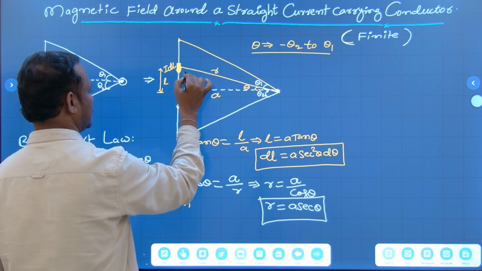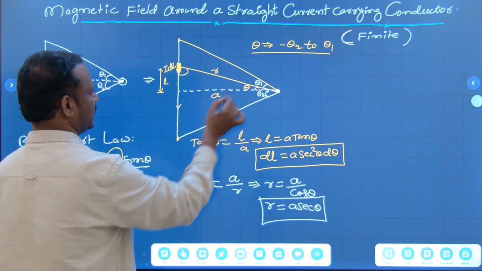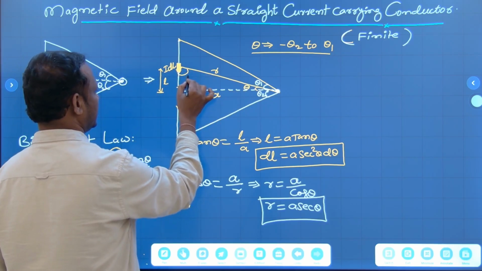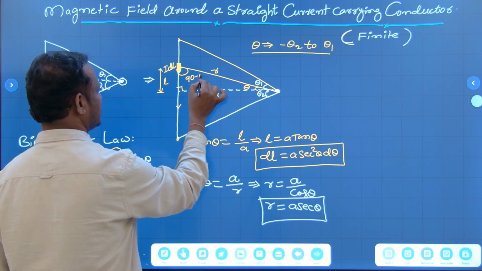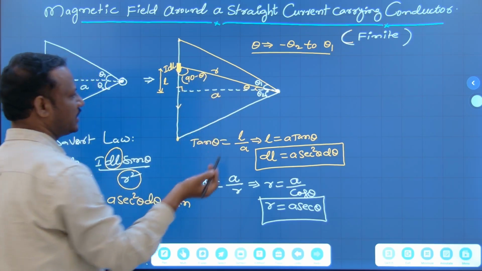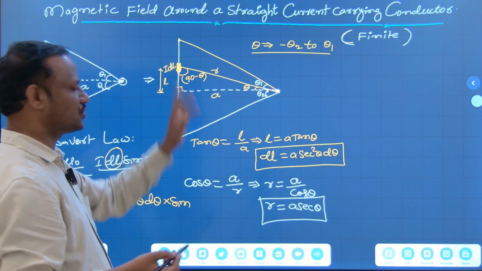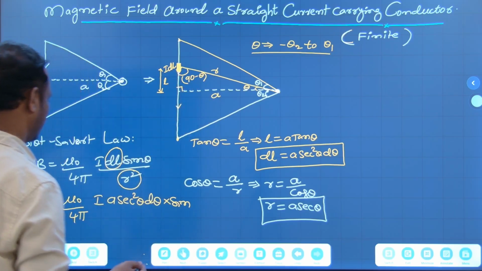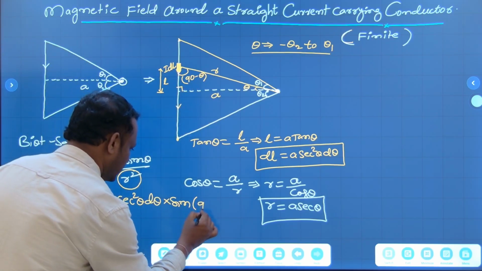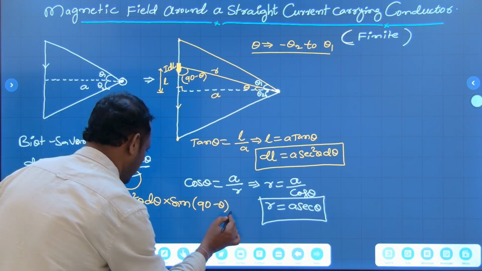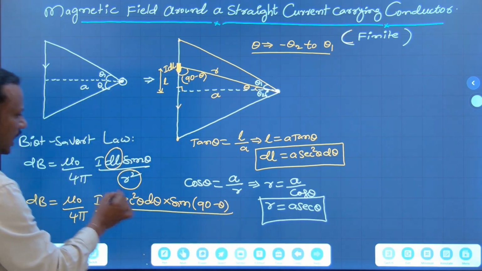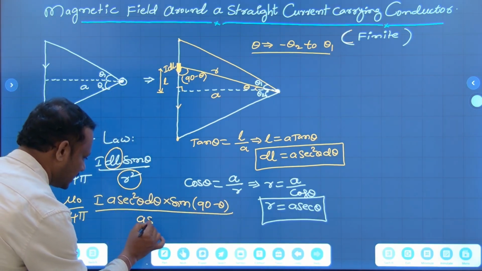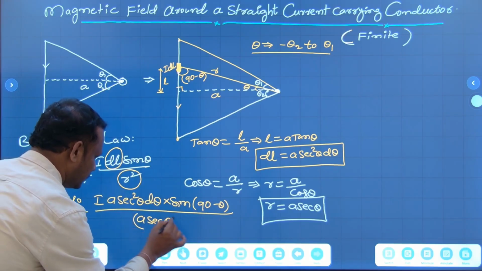This angle alpha is equal to 90 minus theta, so it is sin of 90 minus theta, divided by r squared, which is A secant theta whole squared.